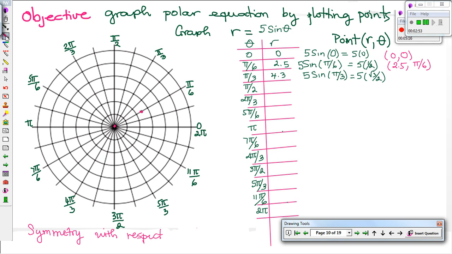So now we'll go ahead and plot the point where r is 4.3 and the angle is pi over 3. So we go to pi over 3. This is the terminal side of pi over 3. From the pole we count 1, 2, 3, 4, and 4.3 will be right here.